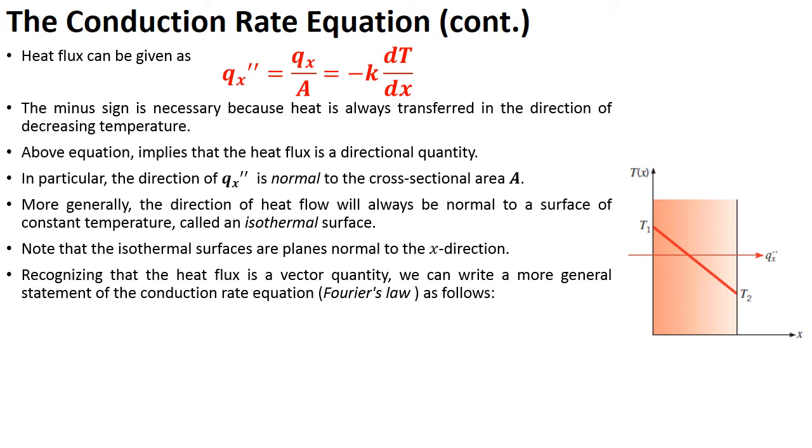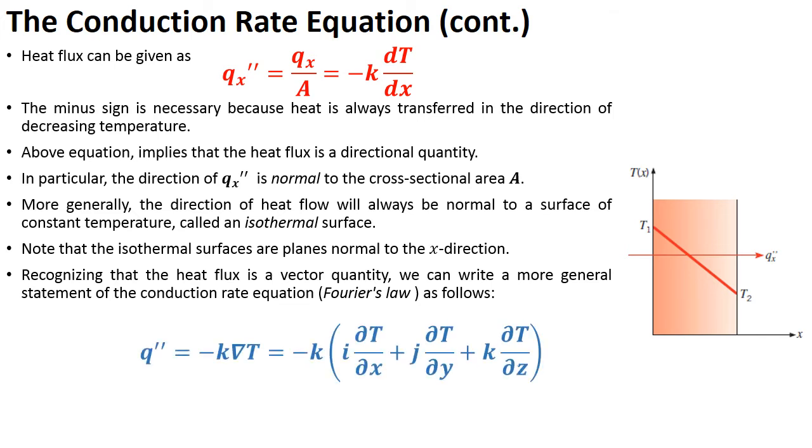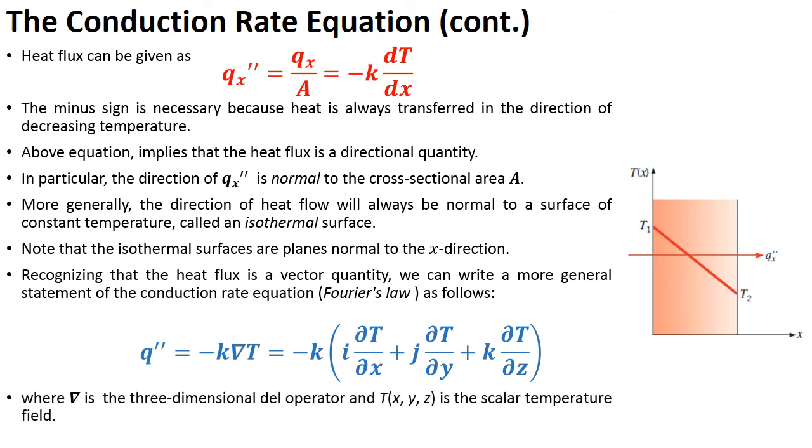So, utilizing this, a more general statement of the conduction rate equation, Fourier's law, can be written as q double dash is equal to minus k del T, where del is the three-dimensional del operator, which you have learned in your calculus, and T is the three-dimensional scalar temperature field.